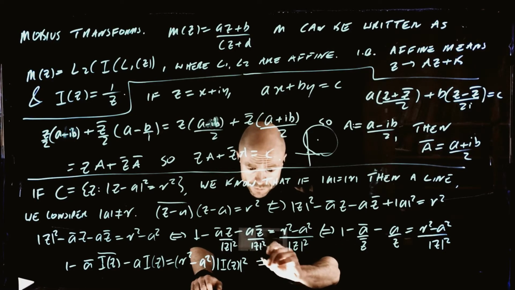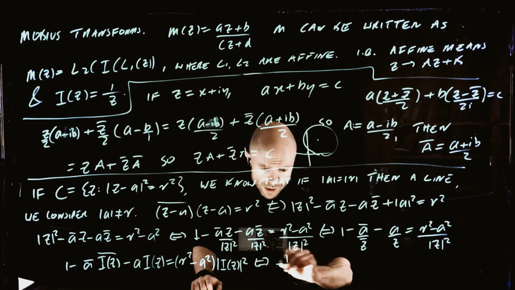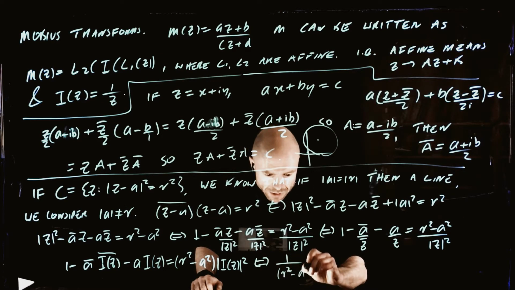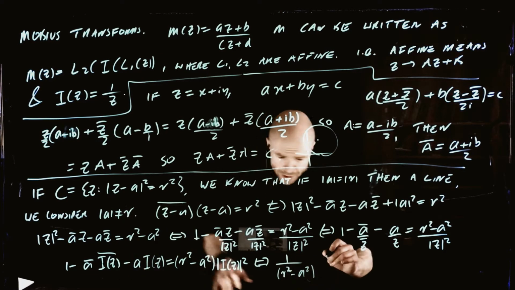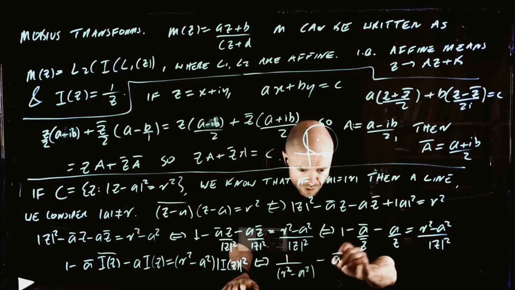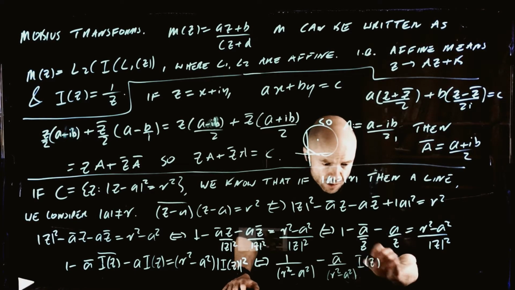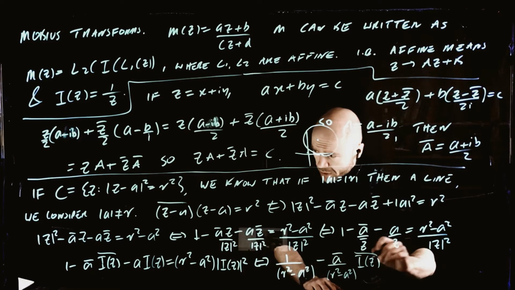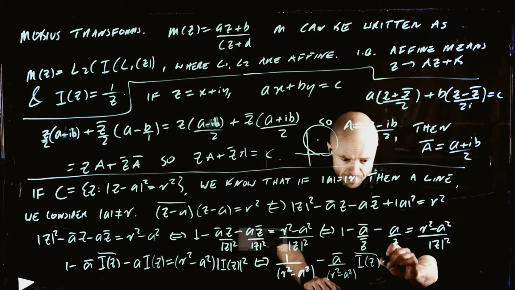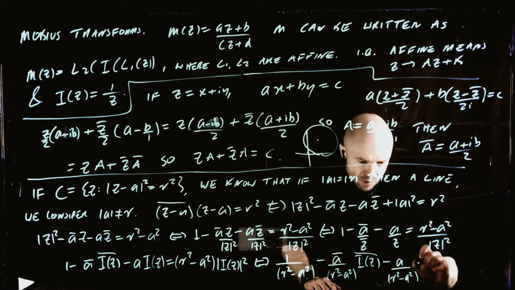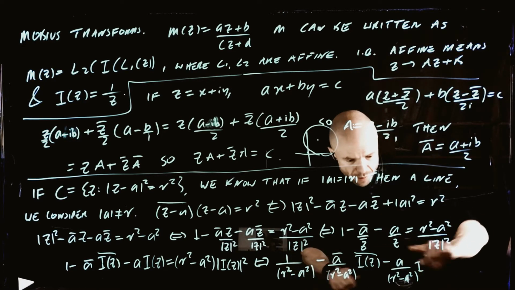So then this implies that 1 over r squared minus mod a squared, minus a over r squared minus mod a squared, this thing, and minus a bar over r squared minus mod a squared, this guy.